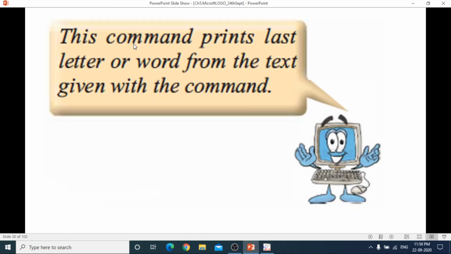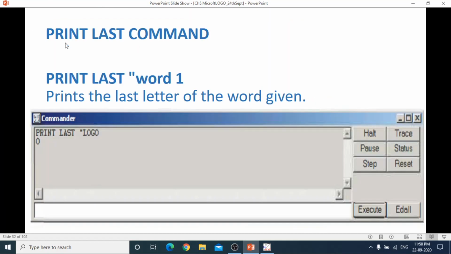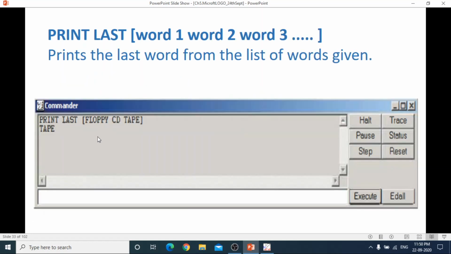In the same way we have the print last command. Instead of writing print first, write print last. It will print the last word of the given word. And if you want the last word from a list of words, then you use print last and then a bracket.